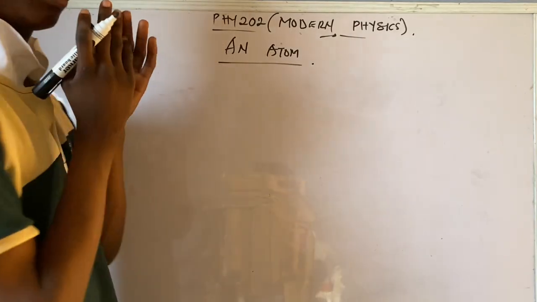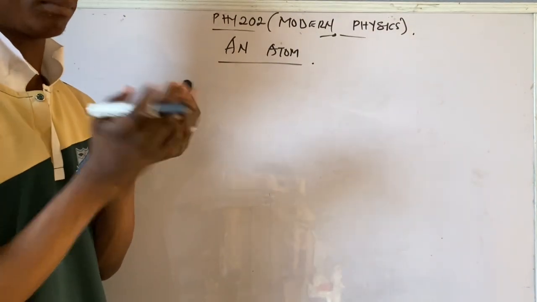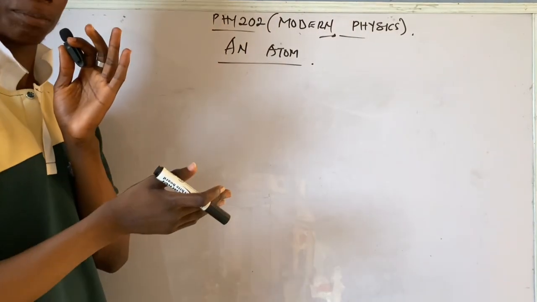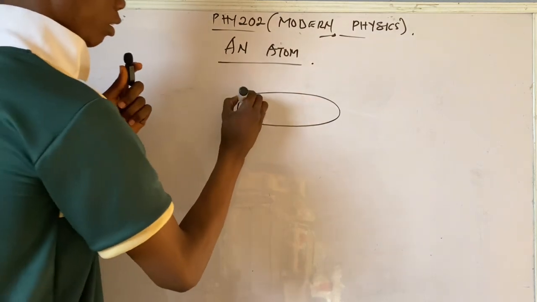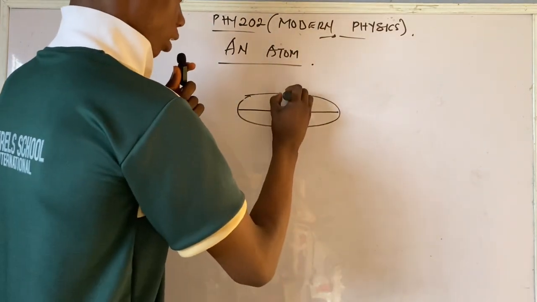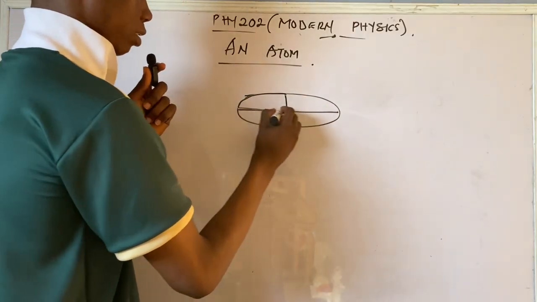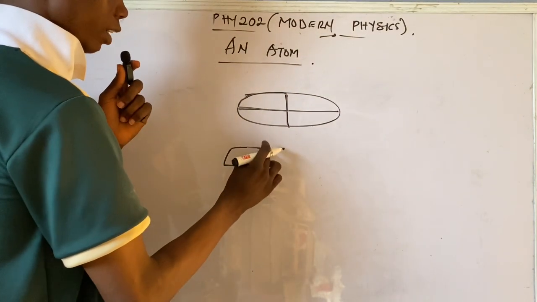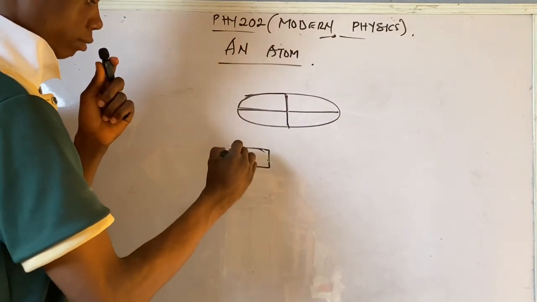What is an atom? Assume I have a yam here, a tuber of yam. I'm going to slice it, cut it into half, then a quarter. Cut this quarter into 100 slices.